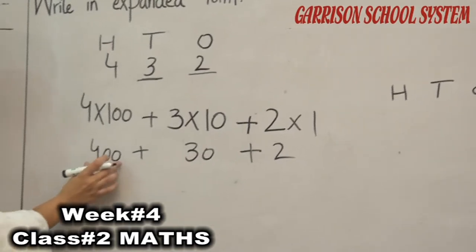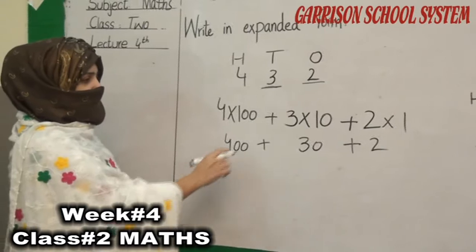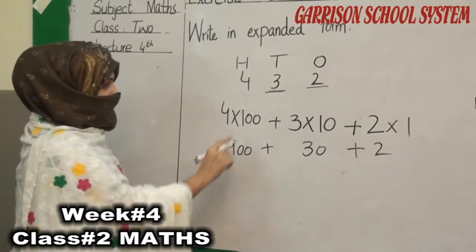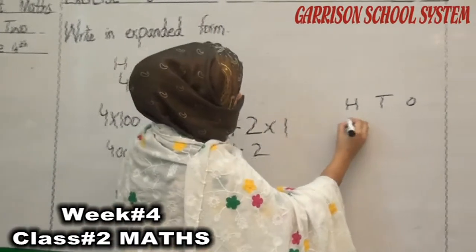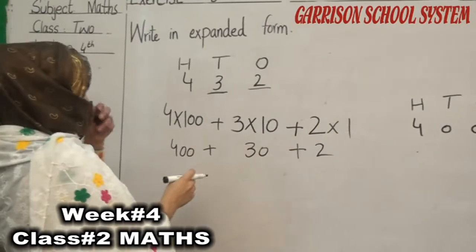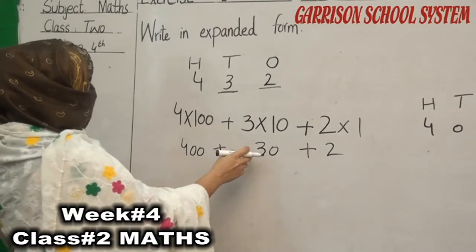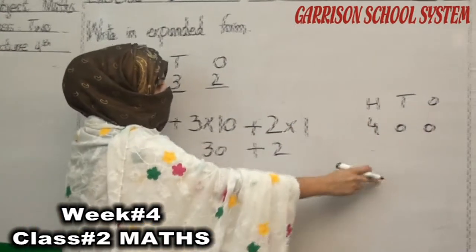The first number is 400. Its value is hundreds, so we write it from the hundreds place. Next is 30. Its value is tens, so we write 3 and 0 under the tens.